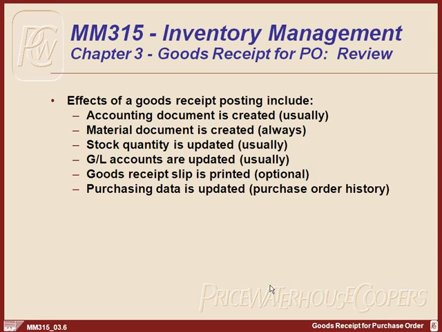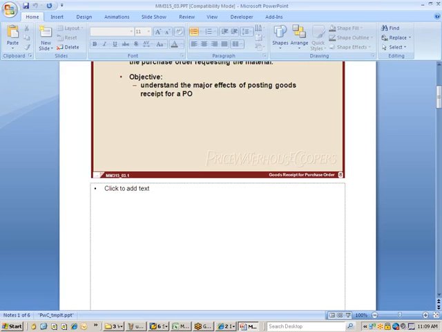If it's a non-stock material, stock quantity will not get updated. Stock account will not get updated. Consumption account gets updated. Goods receipt slip is printed if it is required, and purchasing data is updated into the purchase order history tab. Okay, this is the process of goods receipt.